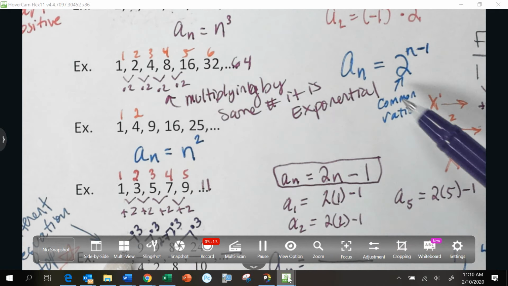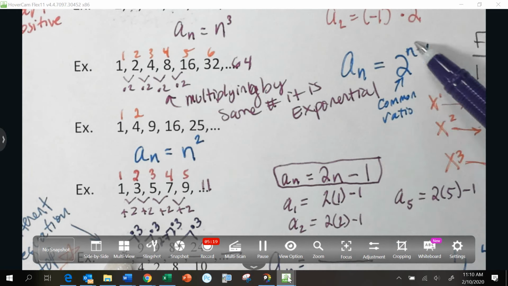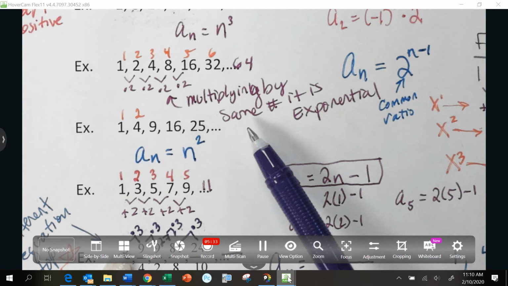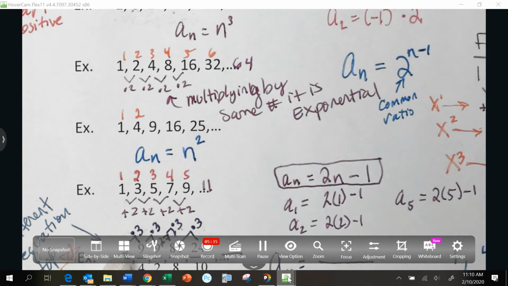Where did I put the 2 in the answer? I don't see a 2 as the exponent. It's the base with an exponent. What went in the exponent was the variable. We wrote it is exponential.